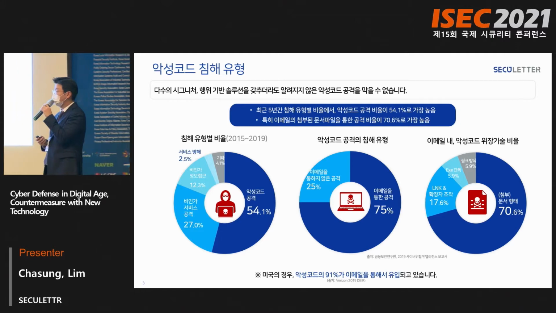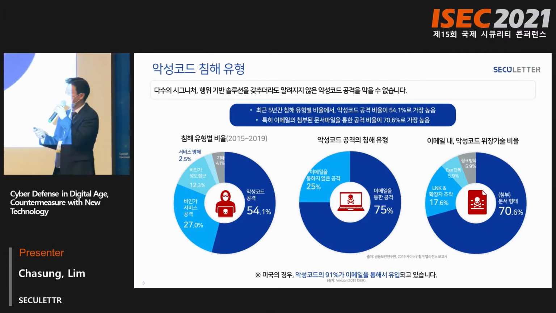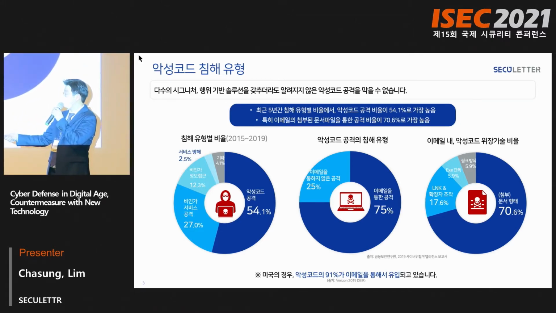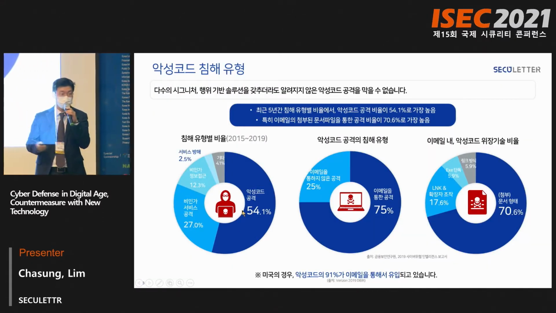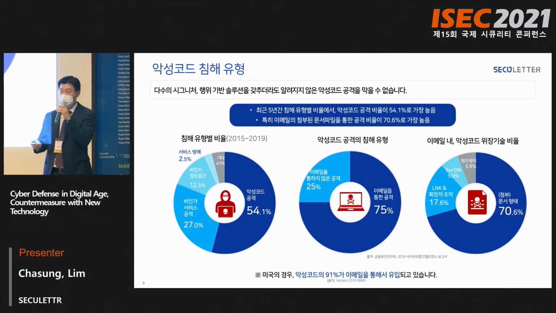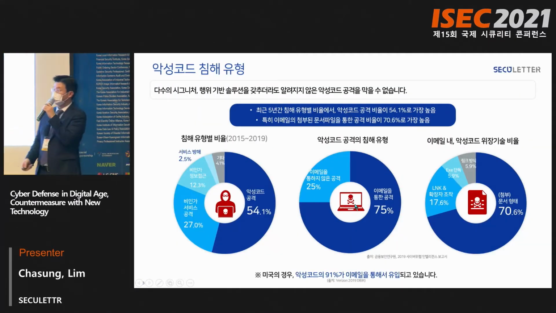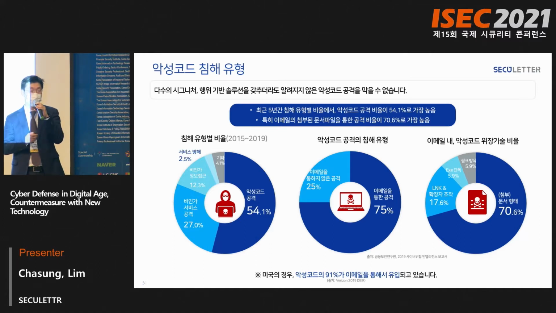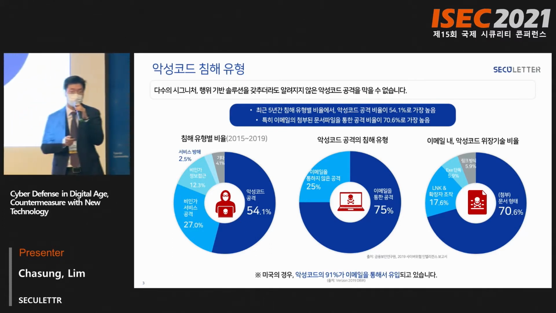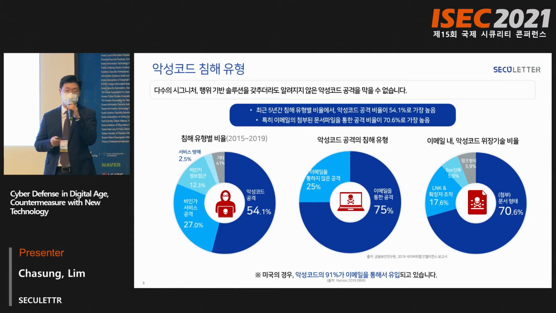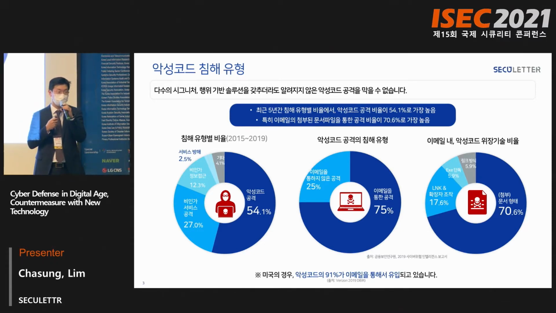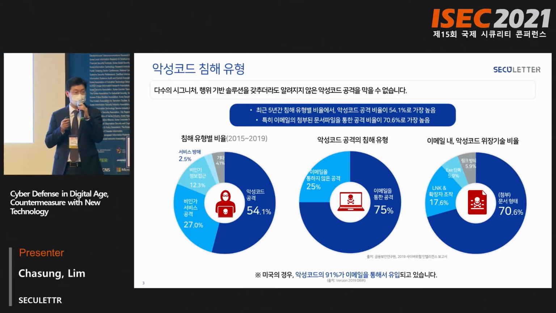So this is a statistic from the Financial Institute of Security. In terms of the types of malware introductions, 54% actually are via email. And among the malware types, most of the hacking attacks are through email because, as you're well aware, the files that come in from outside to inside are in the form of emails.